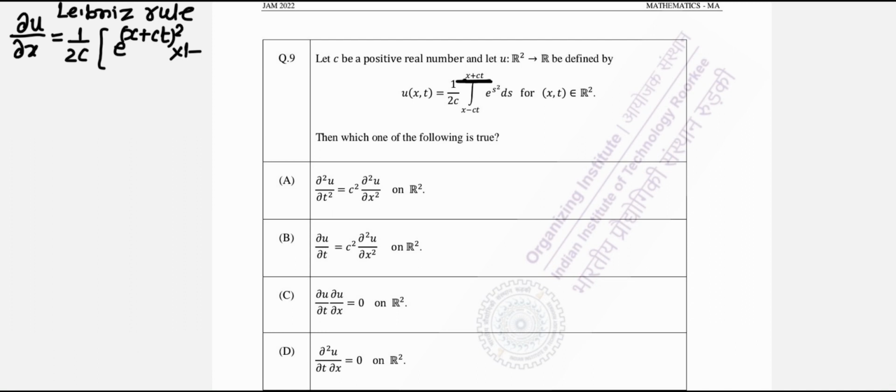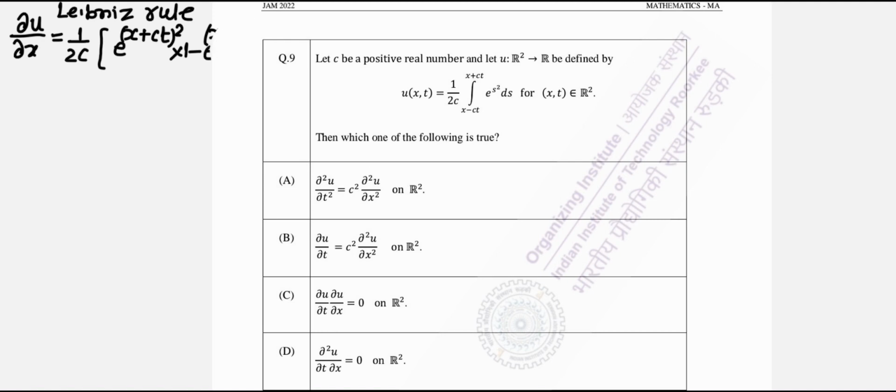After that, giving a minus sign, we write this thing again, but this time replacing s with x minus ct. So here will be e to the power x minus ct. There is a square, so a square here, and this time the lower limit, that is x minus ct, will be differentiated with respect to x.